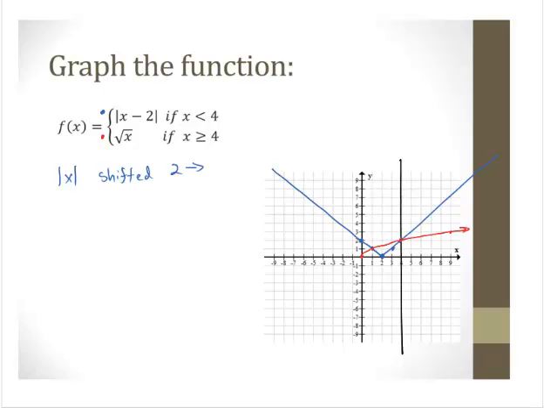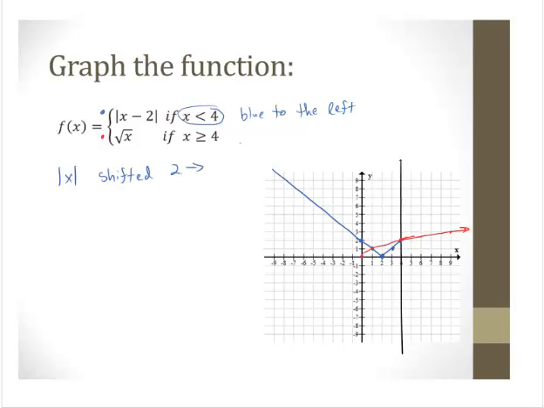All right, so now let's see. We want the absolute value function for x is less than 4, so we want blue to the left of 4. All right, so I'm going to erase all of the blue that's to the right.